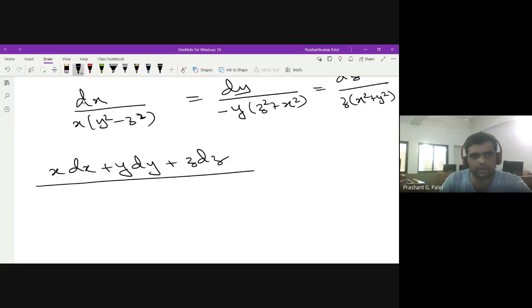So this is x square y square minus x square z square. If I multiply the second equation by y, and it has a negative sign, it is minus y square z square minus y square x square.